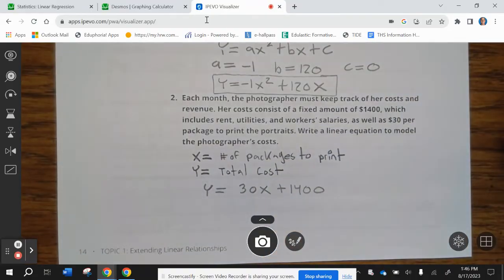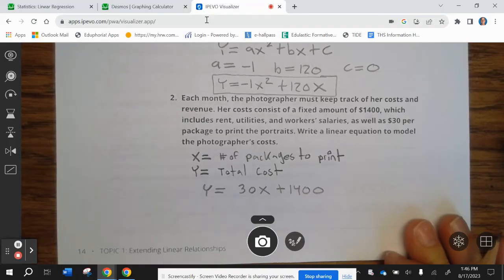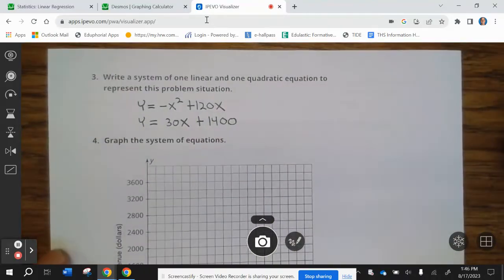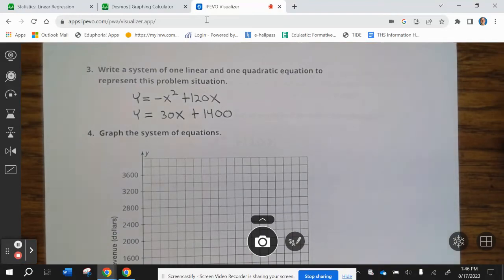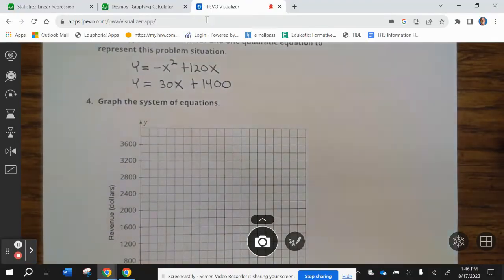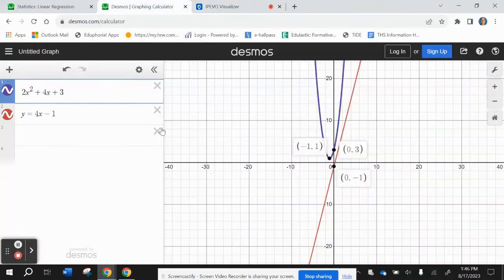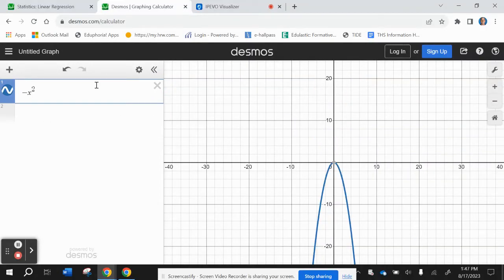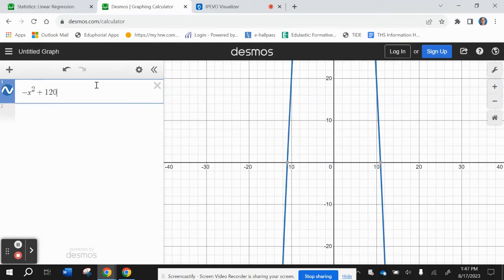Okay. Let's take a look at the next page. All right. Write a system of one linear and one quadratic equation to represent this problem. So we have that from the previous page. Now we're going to graph. Okay. So let's start by graphing negative x squared plus 120x.